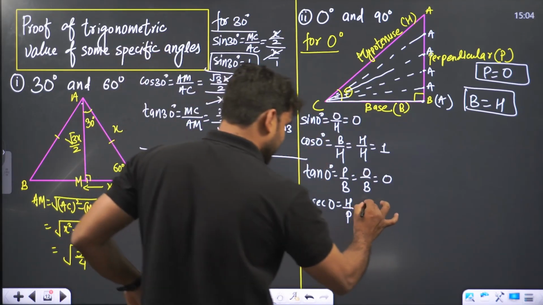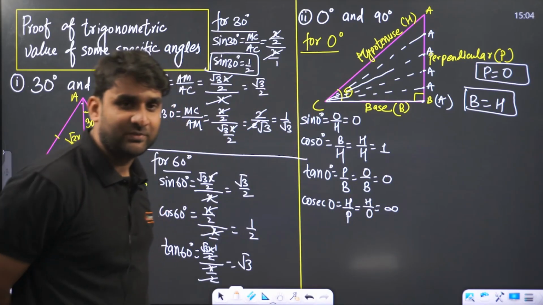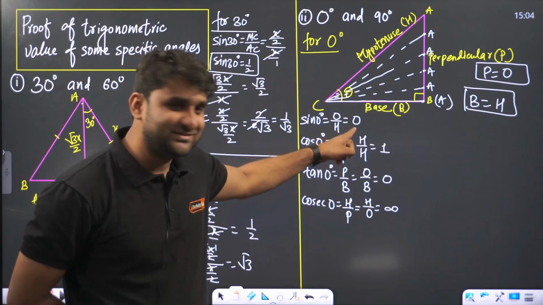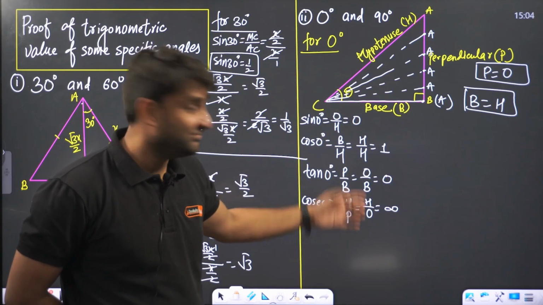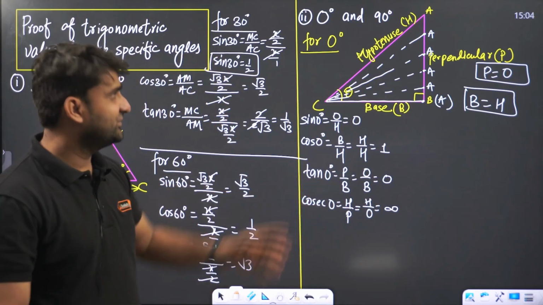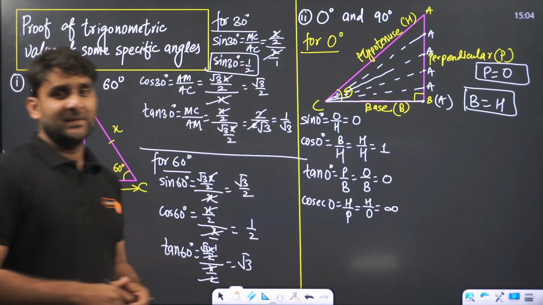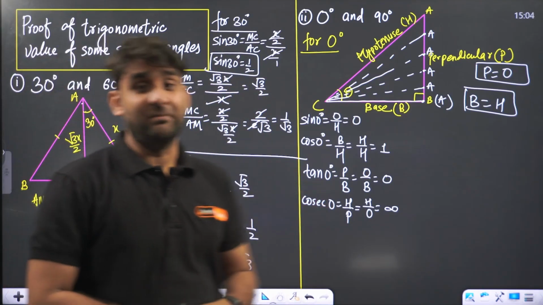So when you divide anything by 0, the undefined condition will come. And by the way, if sine is 0, what will be cosec? It will be 1 by 0, and 1 by 0 is infinity. So this is the result. Clear, everyone? I hope this is clear to you all. So this is the geometrical proof, champion.